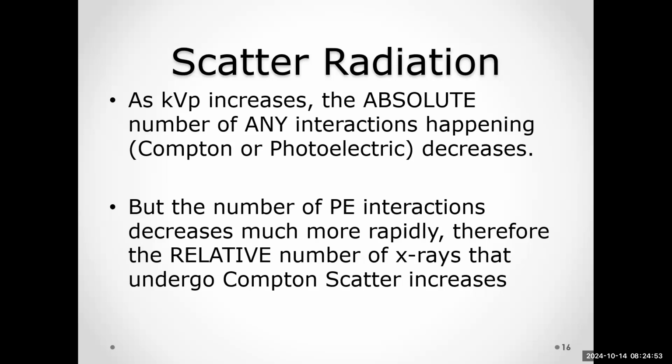The next part of this is where it can get a little tricky. The reason for that is because the number of photoelectric interactions decreases much more rapidly. Therefore, the relative number of X-rays that undergo Compton scatter increases.